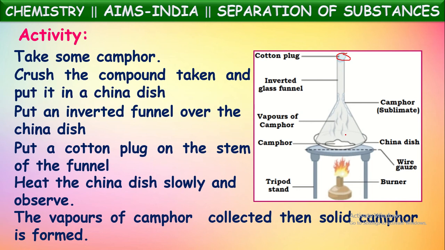It converts into gaseous form, and those gaseous vapors can be collected in another container. In this way, sublimable substances can be separated from non-sublimable substances by using this technique called sublimation. Sand and camphor, common salt and naphthalene, this kind of mixtures can be separated by using this technique called sublimation.